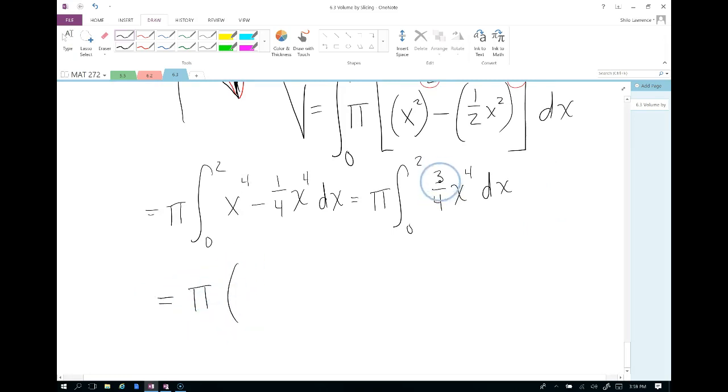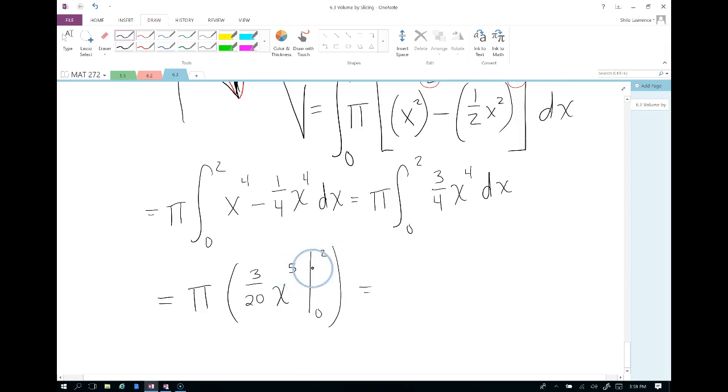So for the antiderivative of 3/4 x to the 4th, we increase our exponent by 1, so it goes up to x to the 5th. And then we divide by that new exponent. So if we include that with the 3/4 that we already have, it's going to turn into 3/20. We need to evaluate from 0 to 2. You always plug in your larger number first, your top number.